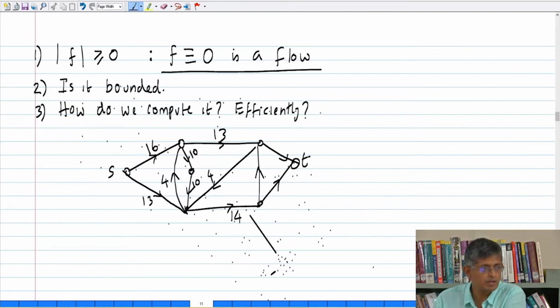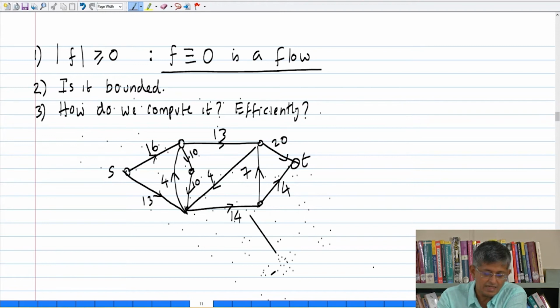This is the flow network that we will keep as a running example. What you see are the nodes and the edges. The edges are oriented. Every edge has a capacity.